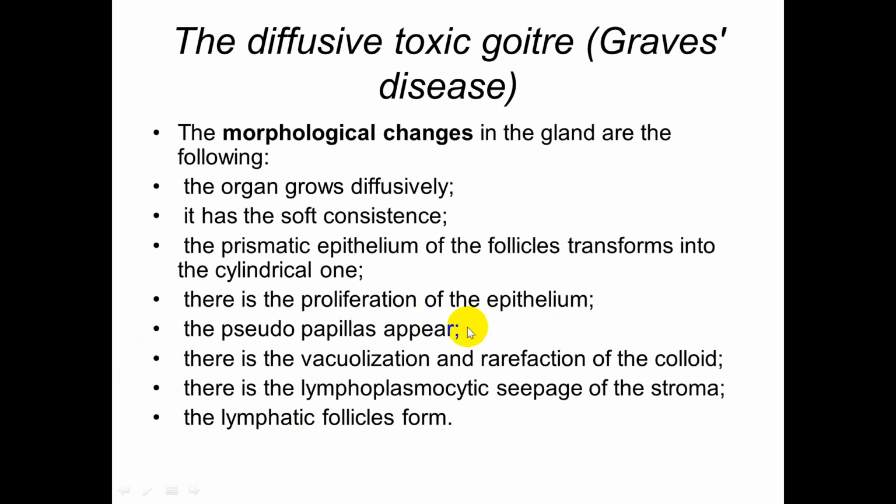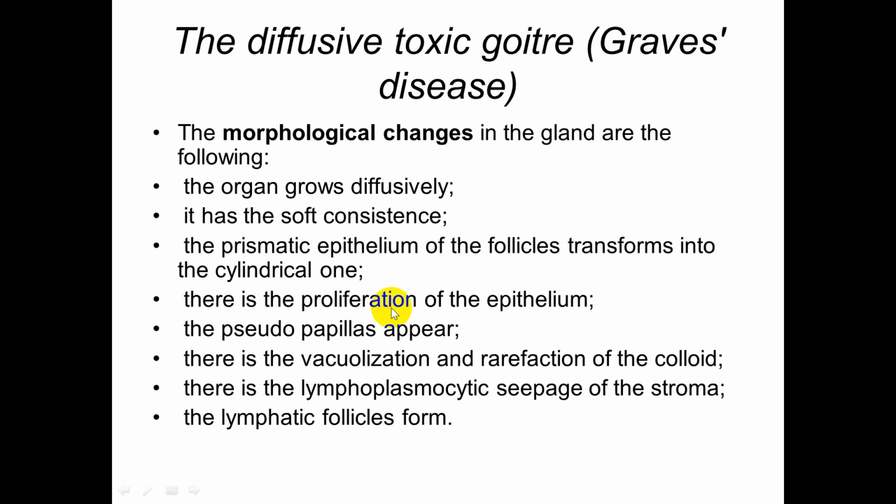Also, morphological changes in diffuse toxic goiter, or Graves' disease, are the following. The organ grows diffusely. It has a soft consistency. The prismatic epithelium of the follicles transforms into cylindrical epithelium.